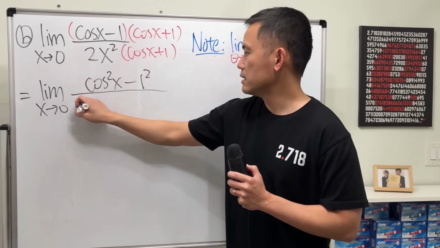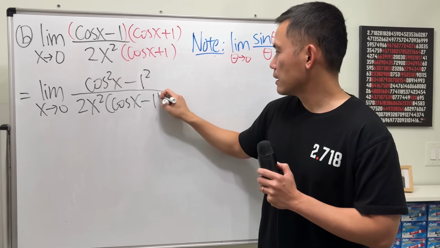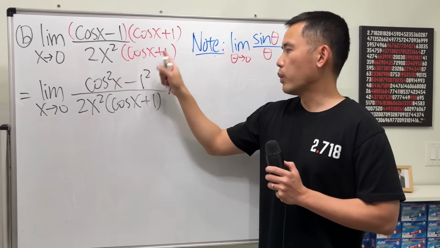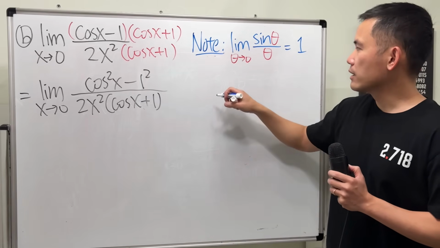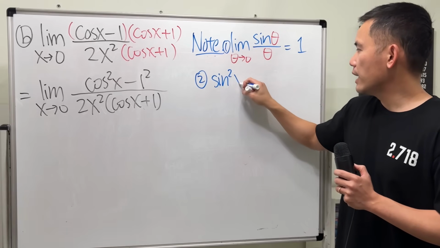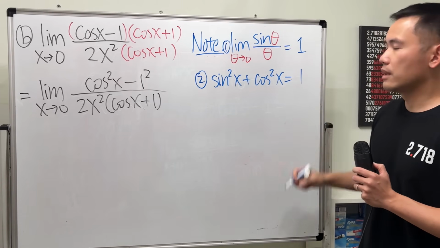And the bottom is this. Now the top is just cosine square x minus 1. I think we do have a very nice identity, right? So another note on the side. We know that sine square x plus cosine square x is equal to 1.